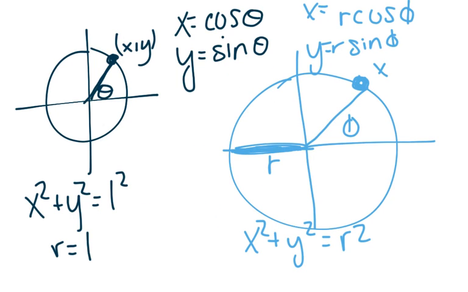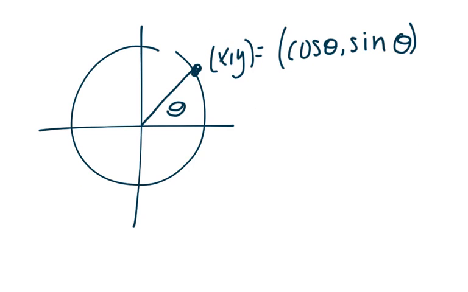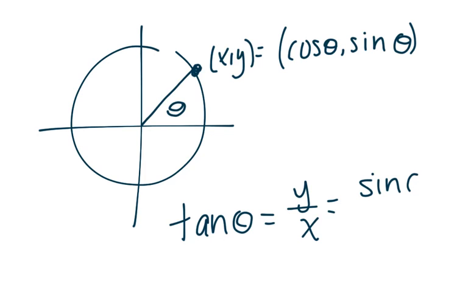Now, we defined our x here to be cosine theta, and our y to be sine theta. So now we want to think about the function tangent of theta. Tangent theta can be thought of as y over x, or as sine theta over cosine theta.